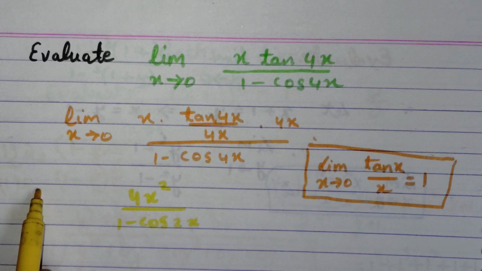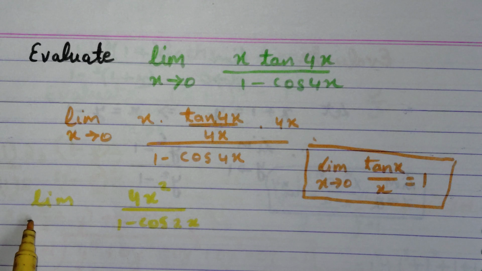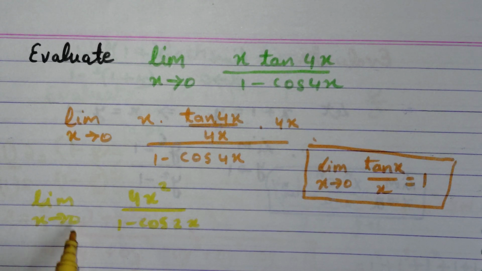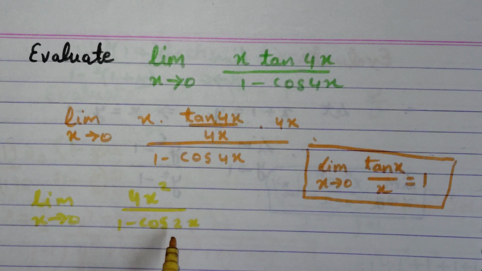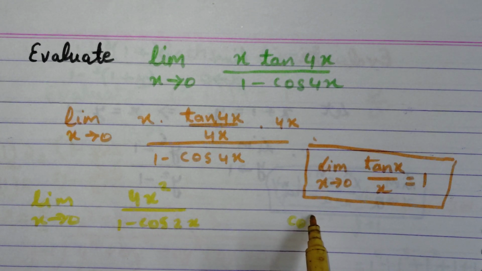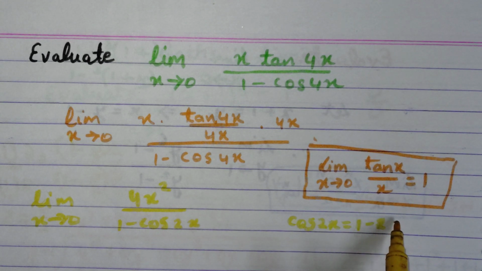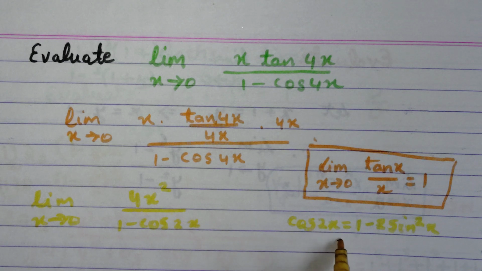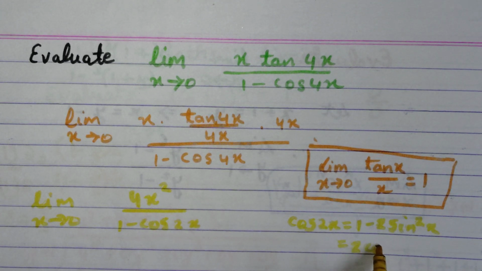And in trigonometry, the next identity we are using is for cos 2x. Cos 2x has two formulas: 1 minus 2 sin square x, and another is 2 cos square x minus 1.